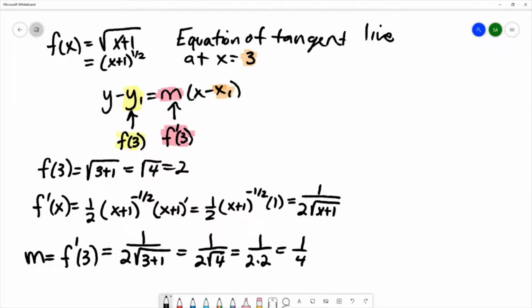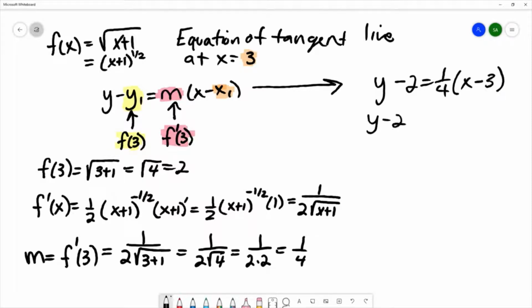And now I'll use my point slope form to find the equation of the line. That's y minus 2 equals 1/4 times x minus 3. That's y minus 2 equals 1/4 x minus 3/4. And I can add 2 to both sides to get y equals 1/4 x.